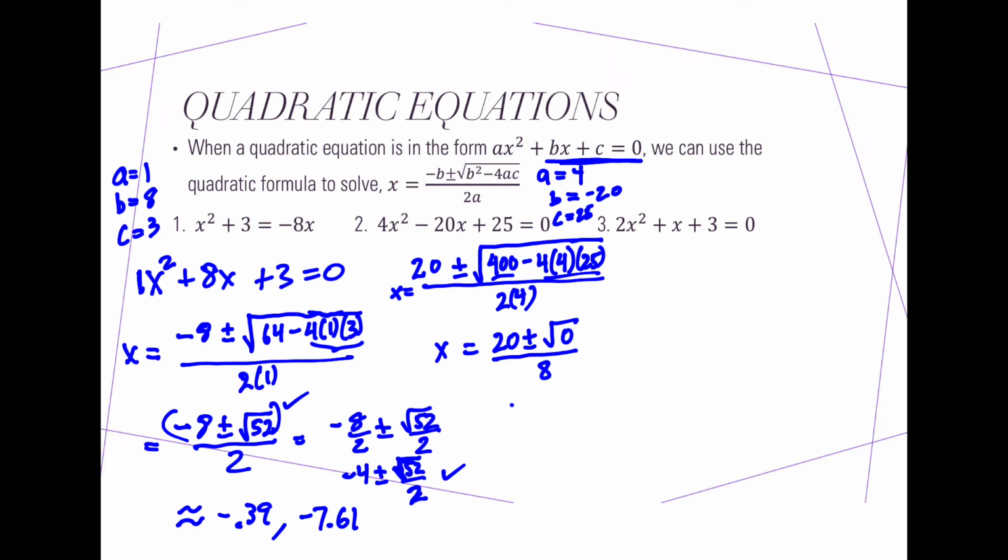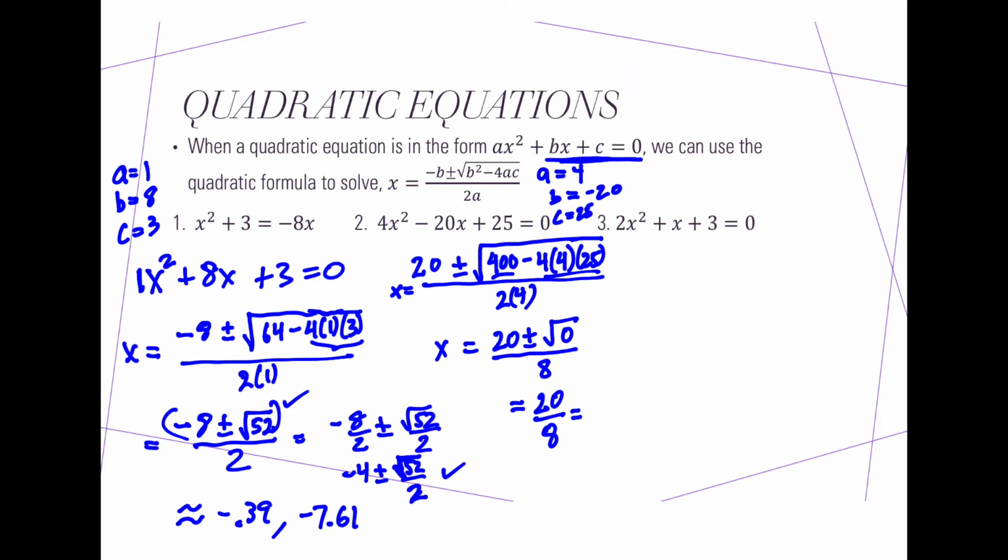I'm not really doing a plus or minus then, because 20 plus 0 is 20, and 20 minus 0 is 20. We're just left with 20 divided by 8, which is, well, this would be 10 fourths or 5 halves.